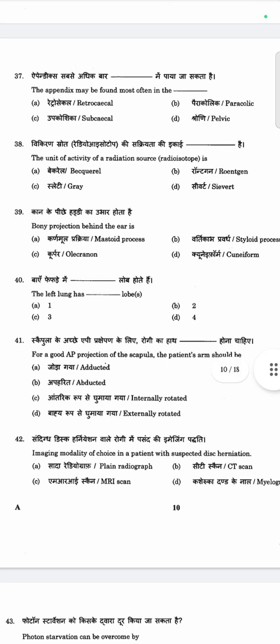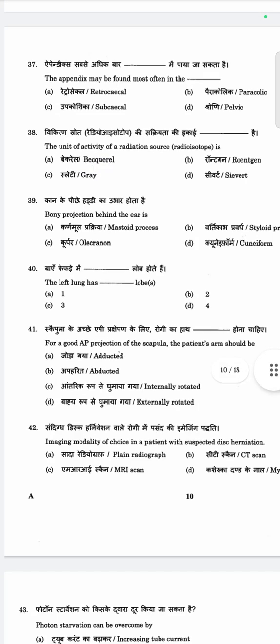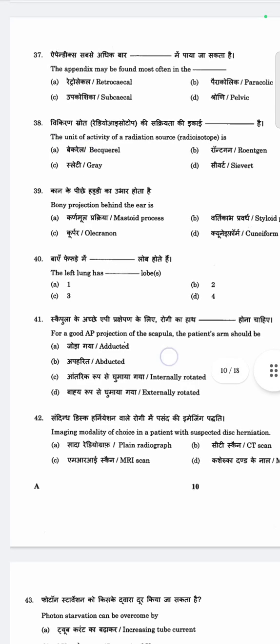Options: becquerel, gray, Roentgen. Rem is a unit of dose equivalent, Roentgen is the unit of exposure, becquerel is the unit of activity, and gray is the unit of radiation absorbed dose, rad. So the only remaining option is becquerel.